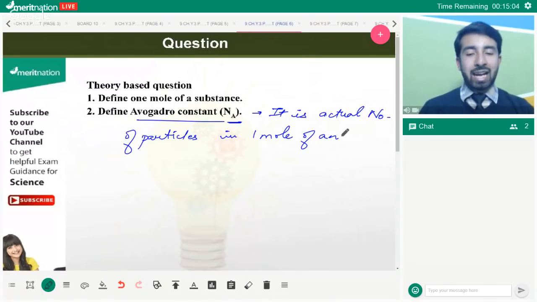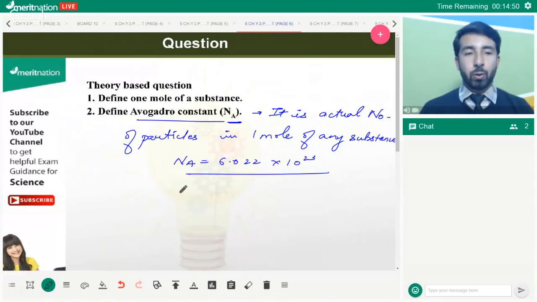Disha, diversity in living organisms is a biology chapter, and the session for that has already happened. You can watch the video for that. Correct, Akshita. Exactly, Paramjeet, that's correct. Now we all know that Na is equal to 6.022 into 10 raised to the power 23. So this is your Avogadro constant.